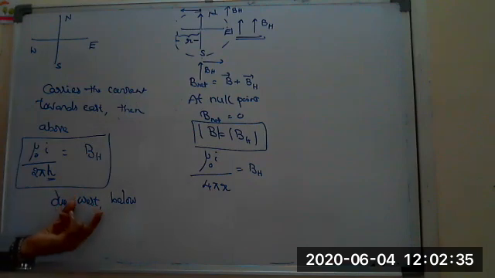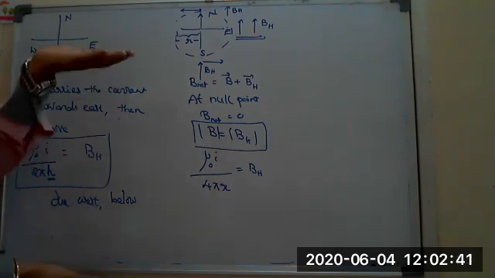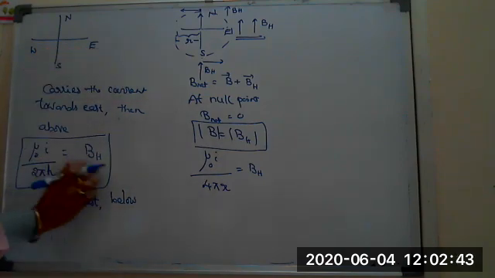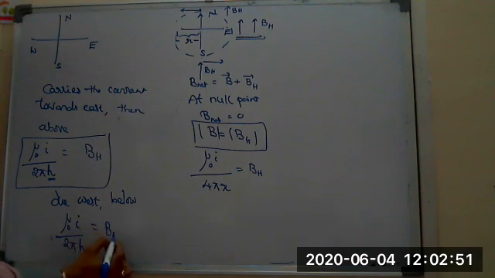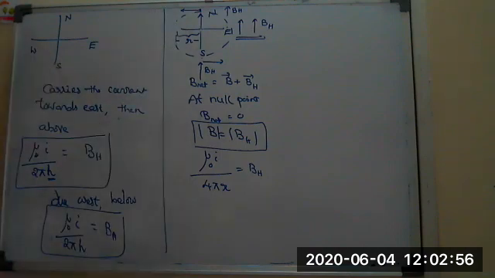Below the conductor means we understood the current should flow in the westward direction. And below the conductor again at the null point our condition is B equals BH. So again we write mu naught I by 2 pi H equals BH. Here also we are going to get the same formula.